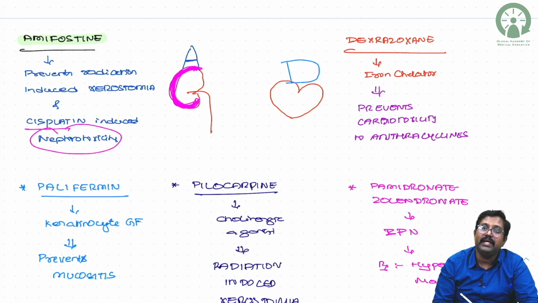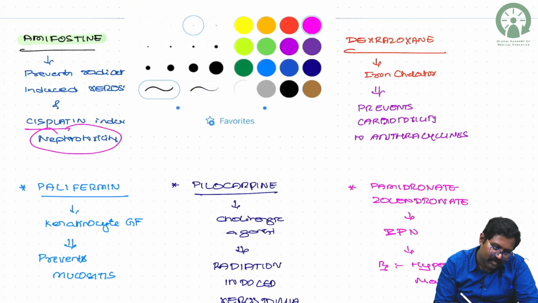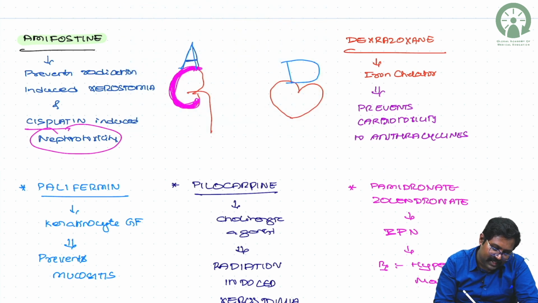This can be controlled by giving amifostine. It will sit on top of the kidney and prevent the nephrotoxicity induced by the cisplatin.